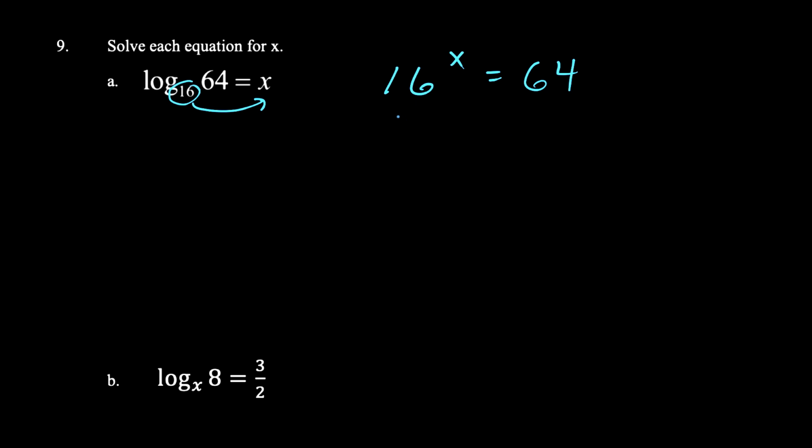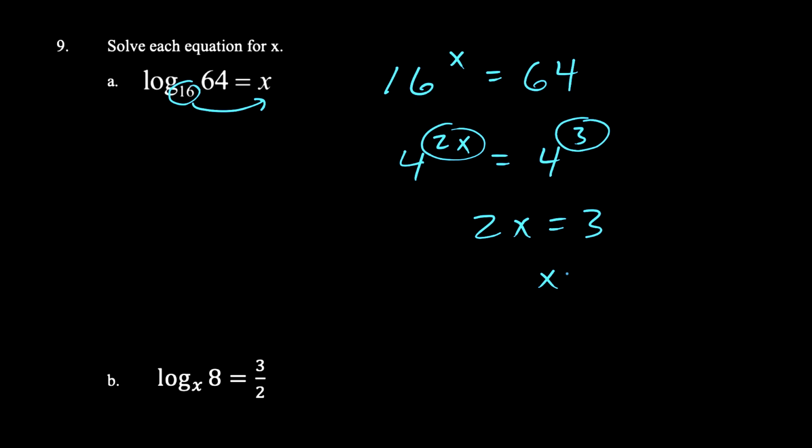In this case, 16 and 64 are both related to a base of 4 and 2. I'll use 4 for now, just because it's easier for me. So this would be 4 to the 2x, and 64 is 4 to the 3rd. Bases match, so we can equate the exponents. So we have 2x equals 3, or x is equal to 3/2.